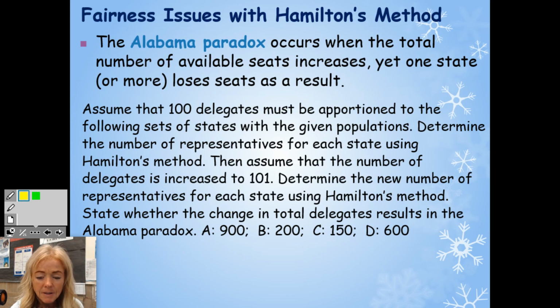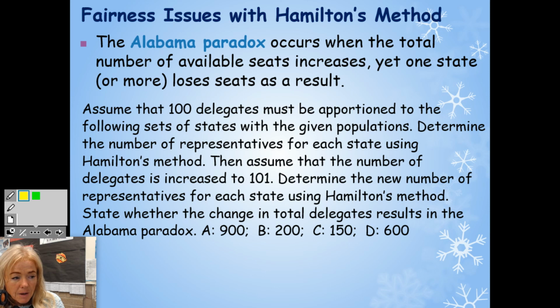Now, the Alabama paradox is a problem sometimes. That occurs when the total number of available seats increases. So say we had 433 representatives, and then all of a sudden we decided to increase to 435. Or assume that we have 100 delegates, and then we change to 101 delegates.